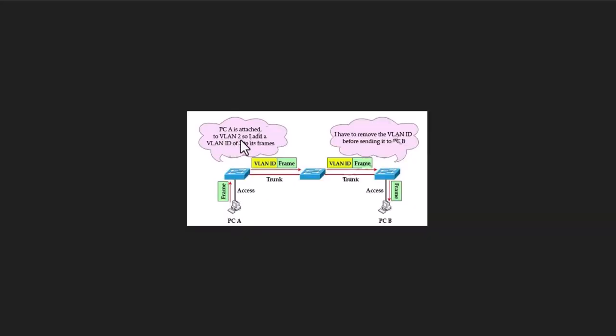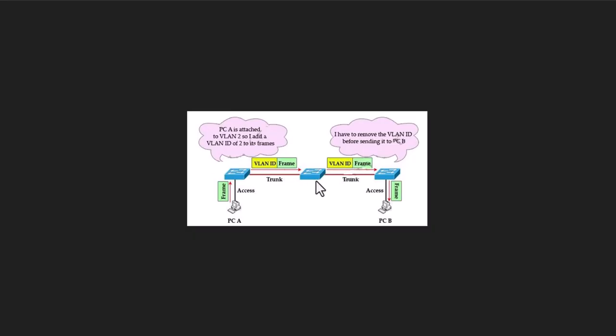So here, PCA is attached to VLAN 2. So a VLAN ID 2 will be added to the frame coming from this system, and then this packet will go to the other switch. It will be tagged with the VLAN ID on the trunk. So the trunk is actually a link that can carry tagged traffic, the VLAN ID.